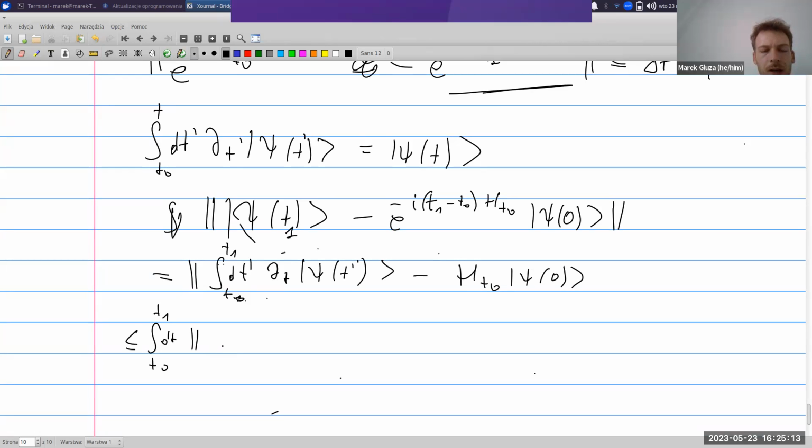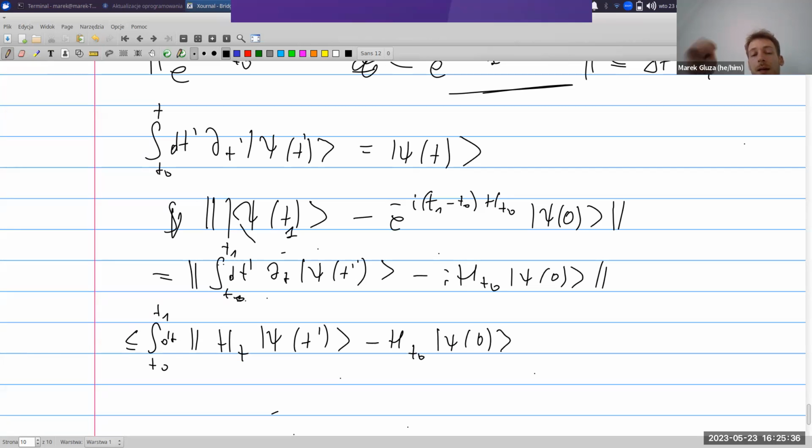And the point is that using the Schrödinger equation, I will have ht here, there will be some I, psi of t prime minus ht0 of psi 0. And for some reason, it's again recursive. I'm doing something wrong.